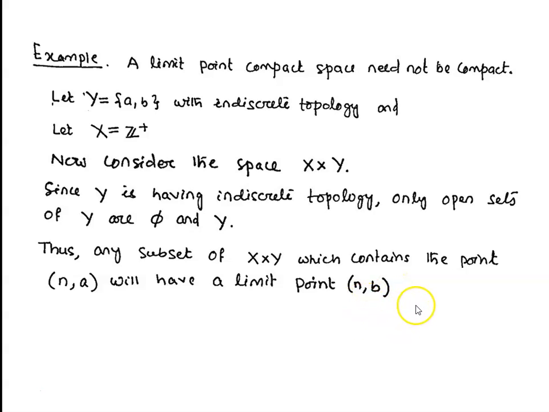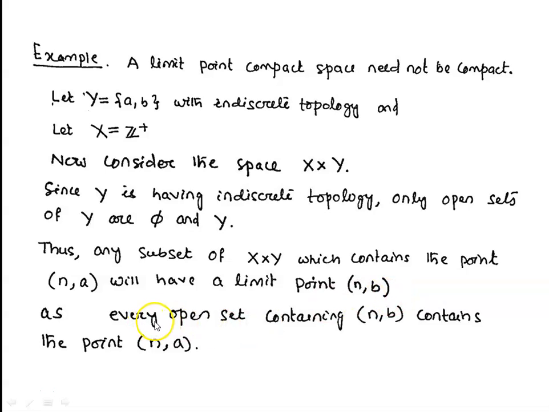In U cross B, either B is empty or B contains both the points A and B. So wherever B appears, A will be there in an open set. So any subset of the product space X cross Y which contains the point NA will have a limit point NB.